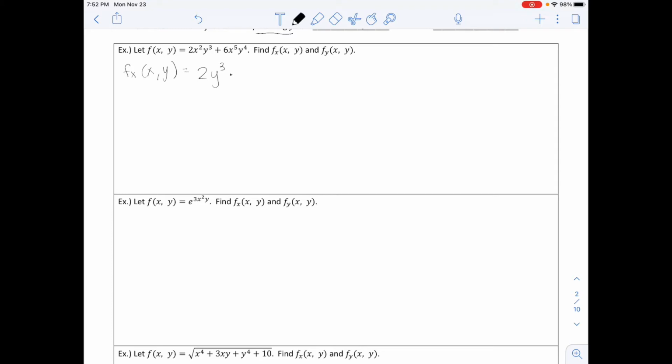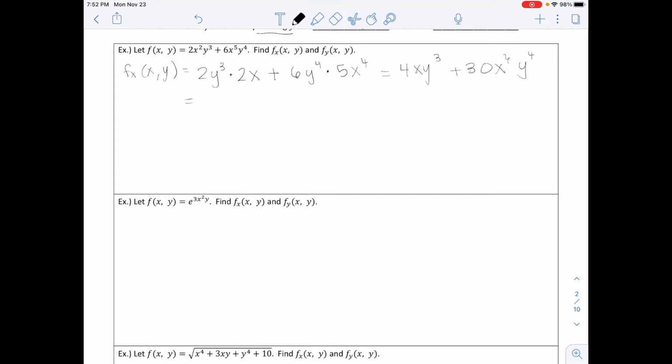And the derivative of x squared would be 2x, plus the derivative of our second term, the constant is just 6, and then y to the fourth times the derivative of x to the fifth with respect to x, which is going to be 5x to the fourth. And from here I would simplify this a little bit and clean it up. We would have 4x y cubed plus 30x to the fourth y to the fourth.